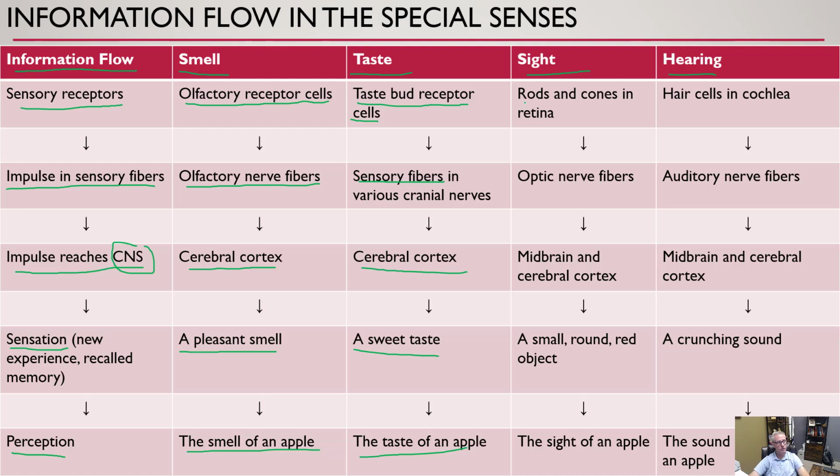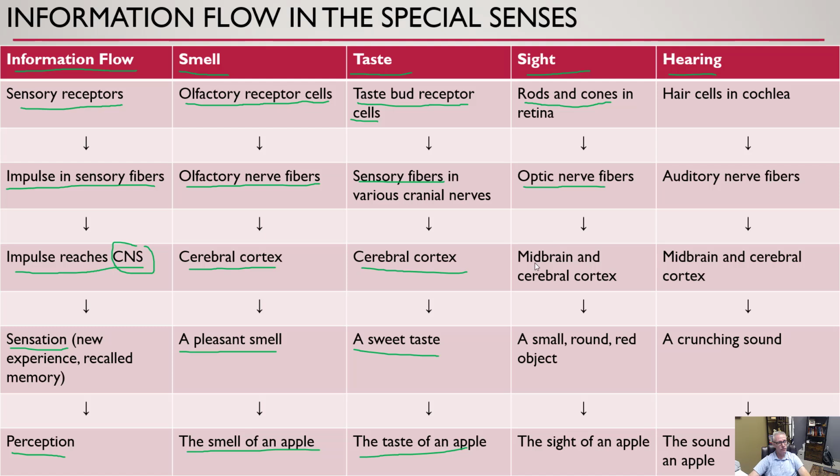For sight, remember, we're going to have rods and cones that are located in our retina. The optic nerve picks up and processes our visual information. Do you remember what cranial nerve our optic nerve is? It's cranial nerve number 2.